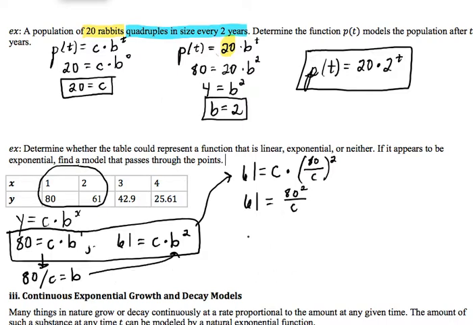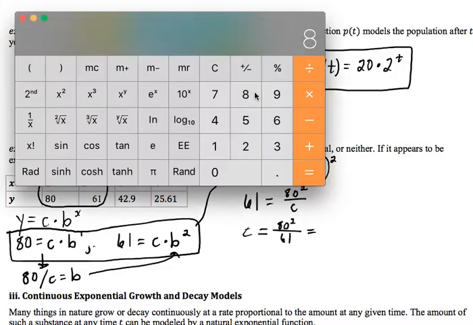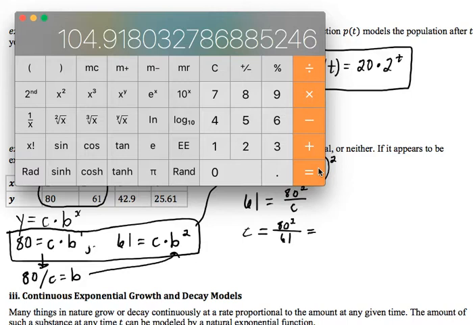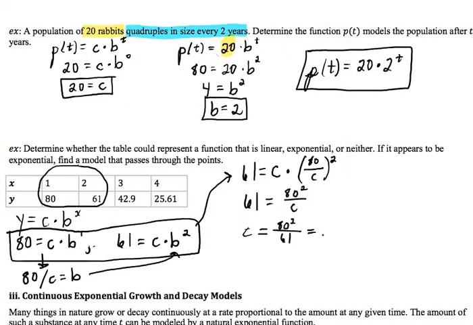Okay, so c is 80 squared divided by 61, which we will do on the calculator. So there's 80 squared divided by 61 is, there we go, that makes more sense, 104.918 roughly.